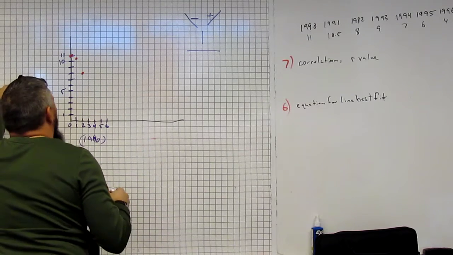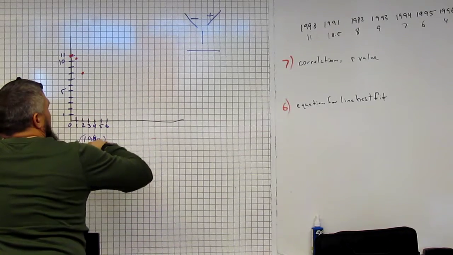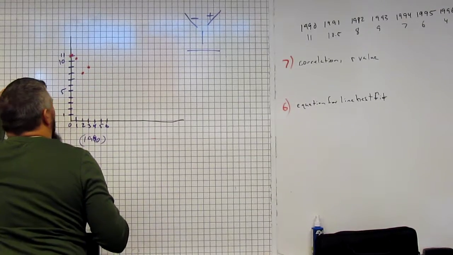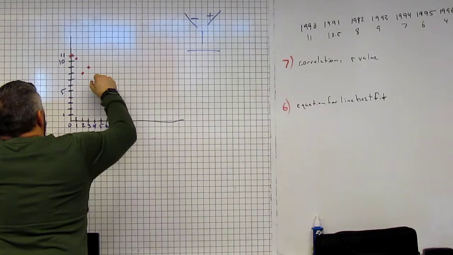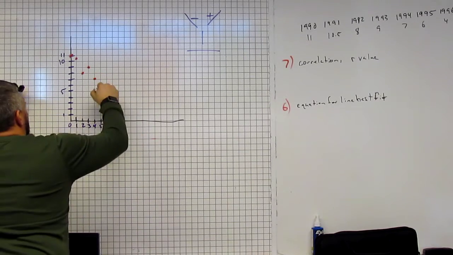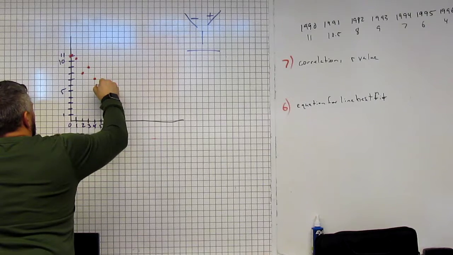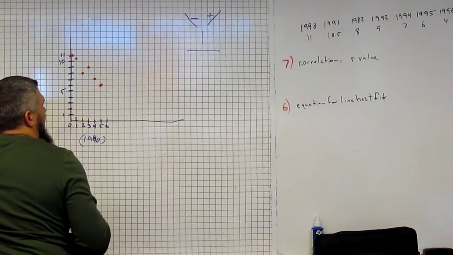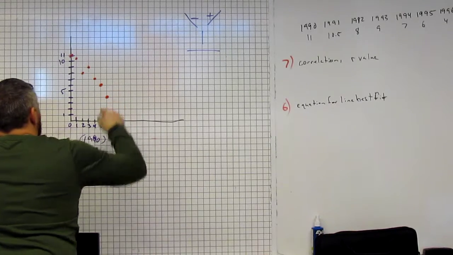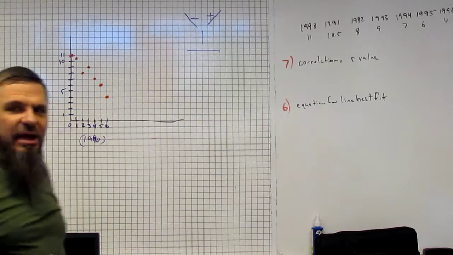In 93, we have 9. In 94, we have 7. In 95, we have 6. In 96, we have 4. Okay? And we have these plots.